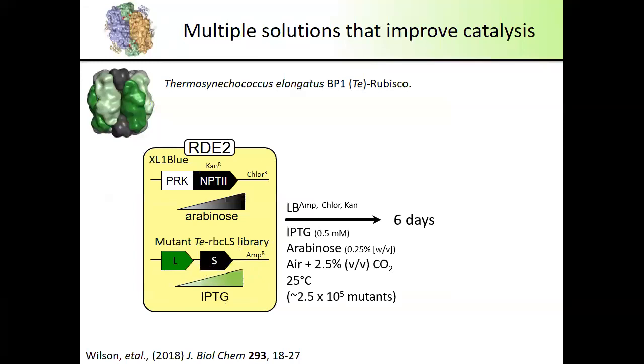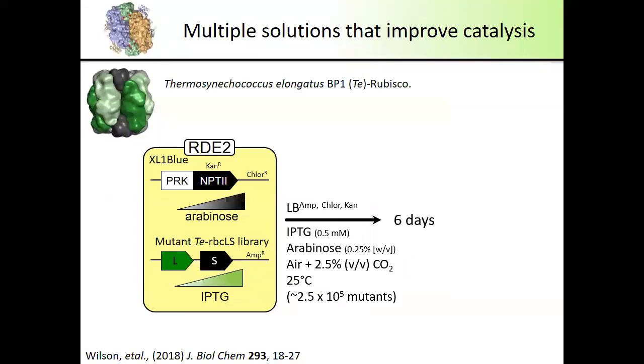So anyway, under a standard set of conditions where we have LB with the antibiotics, IPTG, and arabinose, this is a high RuBP-producing concentration, grown at high CO2. We screened around 250,000 mutants on a plate, and in this experiment we got 15 colonies.